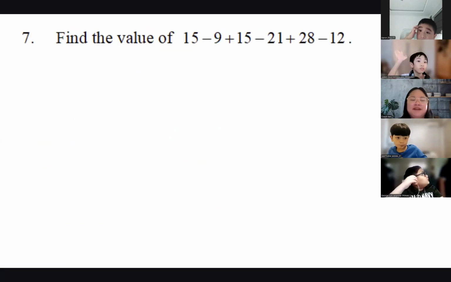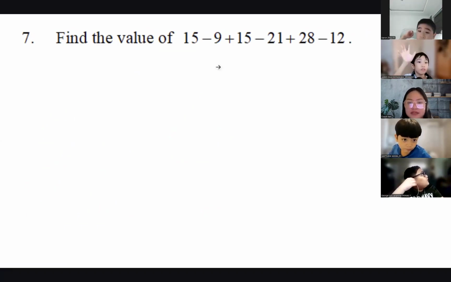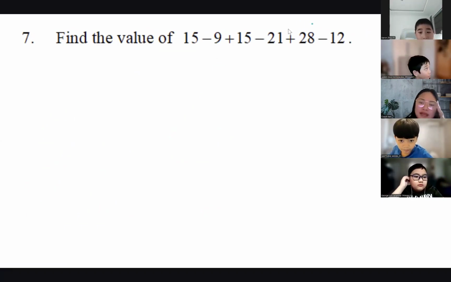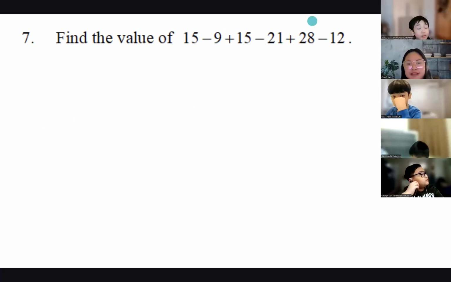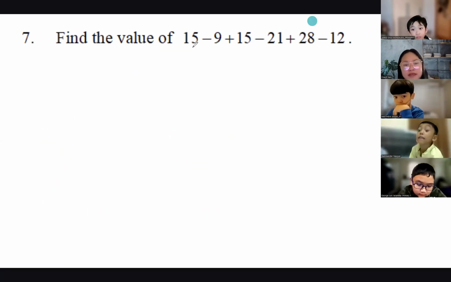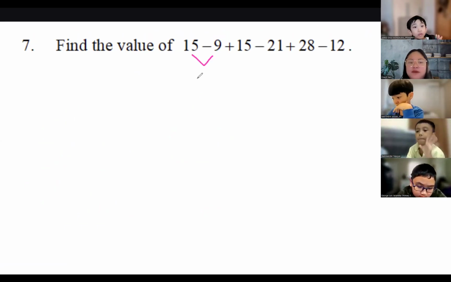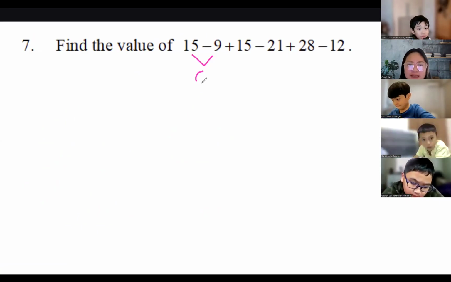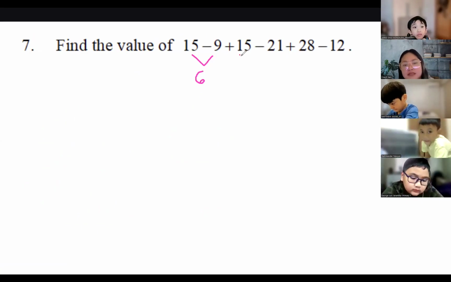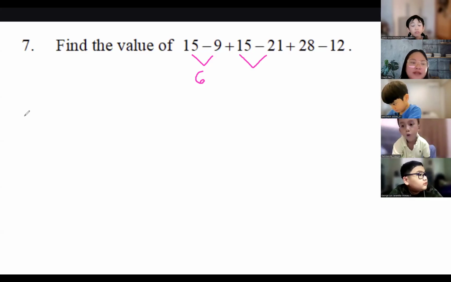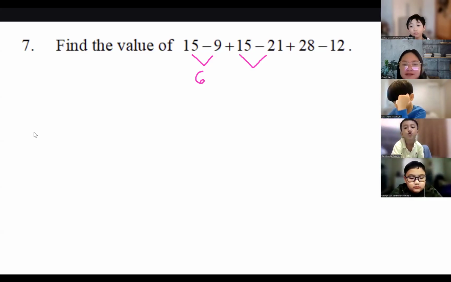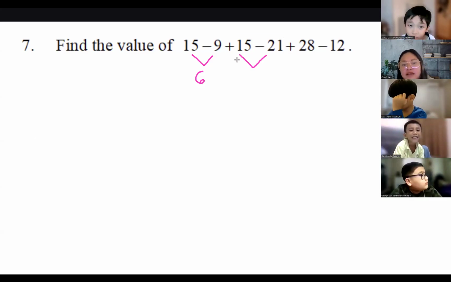Let's do number 7. Find the value of this whole thing. Now, what can you do? You can do left to right, and that's okay if you know how to minus negative numbers. For example, 15 minus 9 is 6. But 15 minus 21 cannot happen.